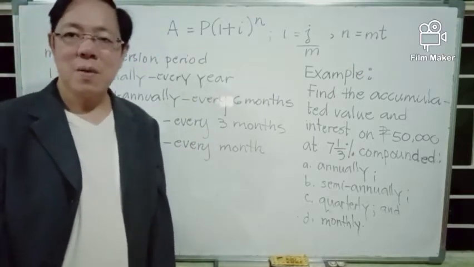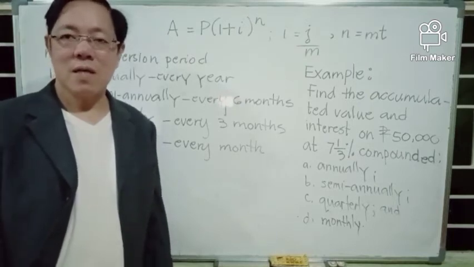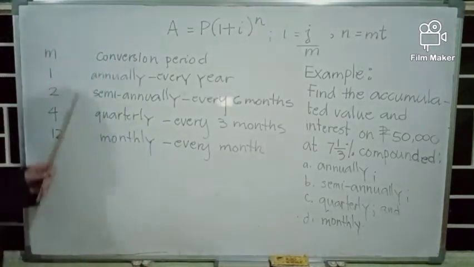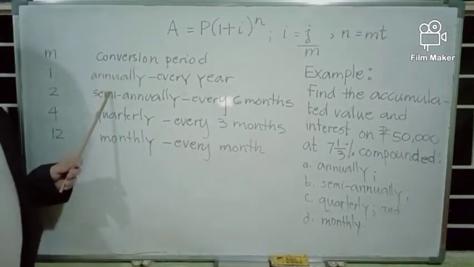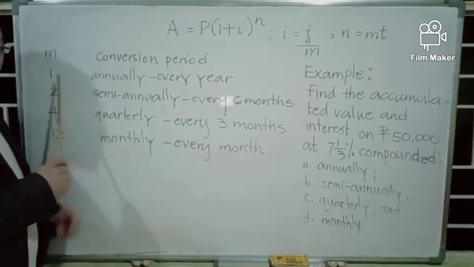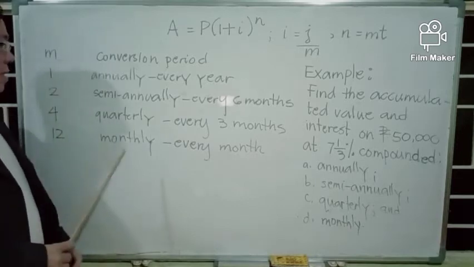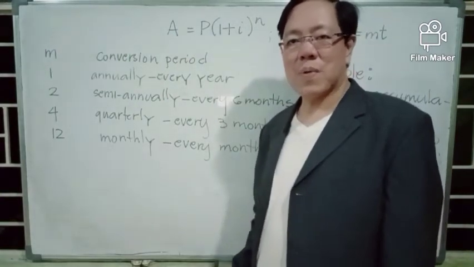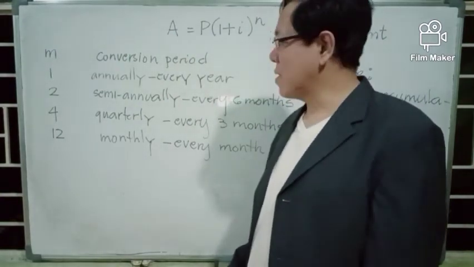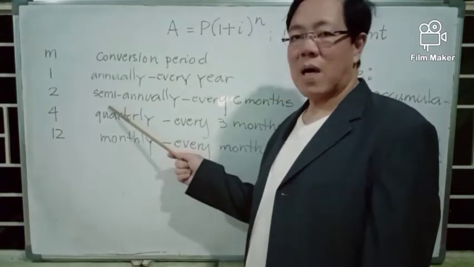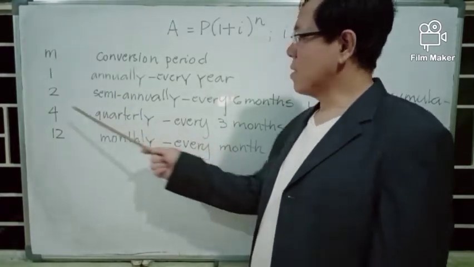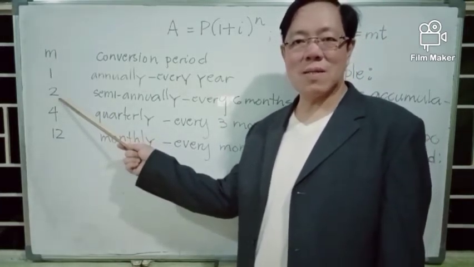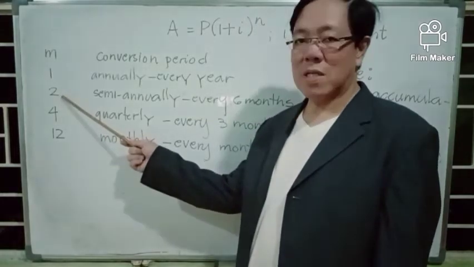If the compound interest rate given indicates that the interest is compounded annually, then M is equal to 1. If the compound interest rate is compounded semi-annually, then the value of M is equal to 2. That means the interest is computed twice a year, 2 times in 1 year.